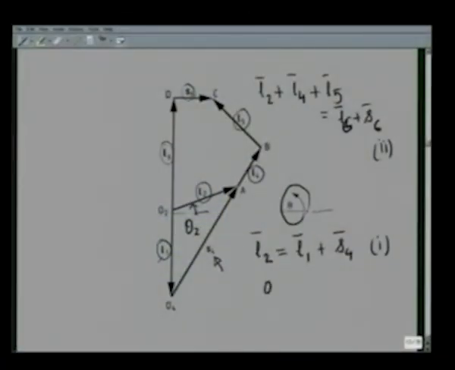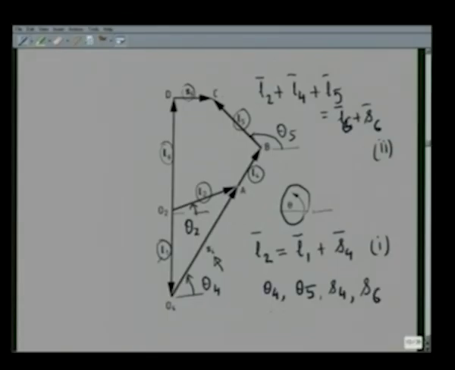So, the unknowns are theta 4, that is the orientation of link 4, that is the line O4B, theta 5, that is the orientation of the fifth link, that is BC, this angle theta 5, this angle, as I said earlier, is theta 4, and also this distance O4A, that is S4, and the distance DC, that is S6.